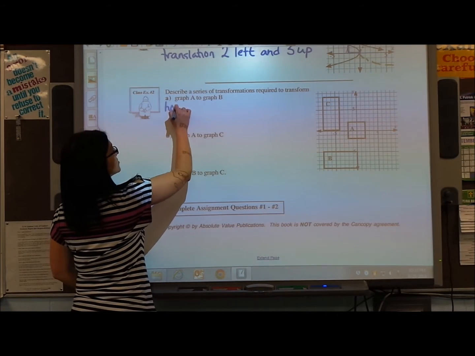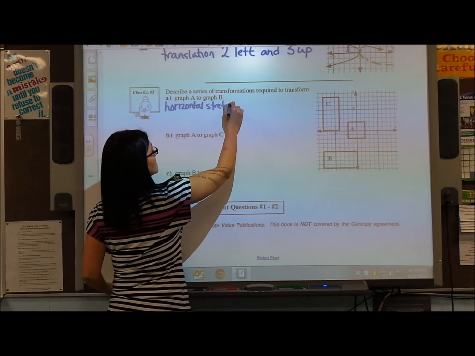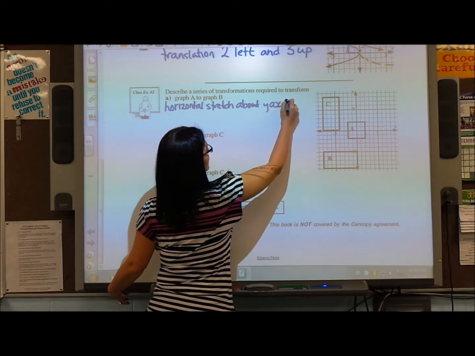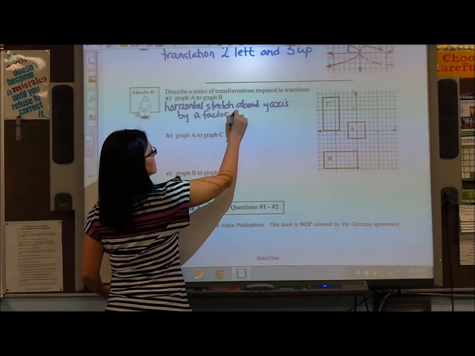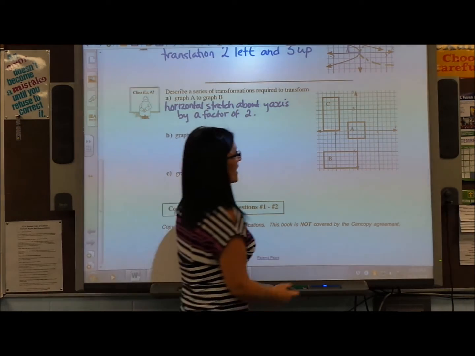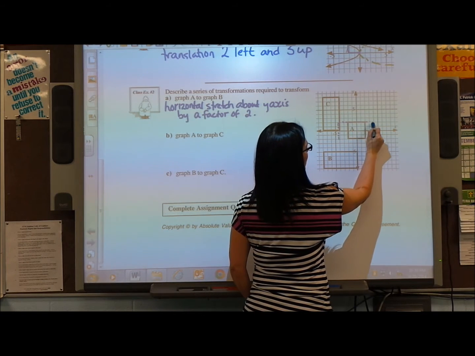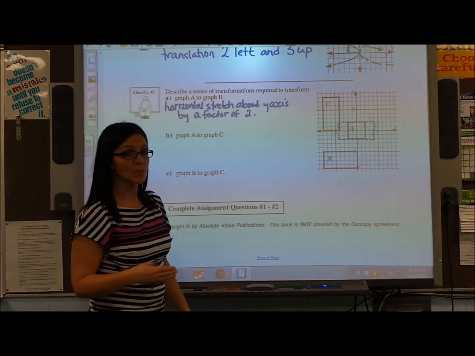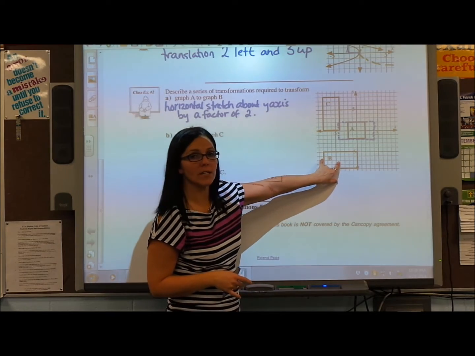So I have a horizontal stretch about the y-axis by a factor of 2. I do that factor of 2, this becomes my new shape. I then have to take this shape and move it to this point here.